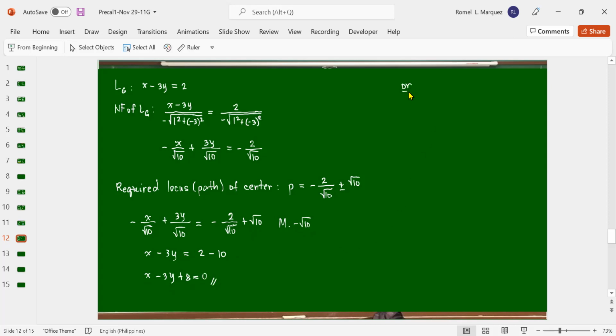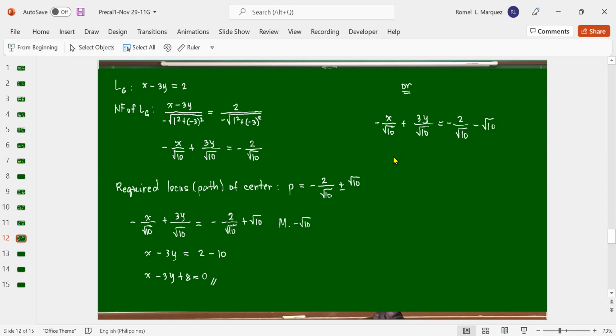Or we have negative x over square root of 10 plus 3y over square root of 10 equals negative 2 over square root of 10 minus square root of 10.